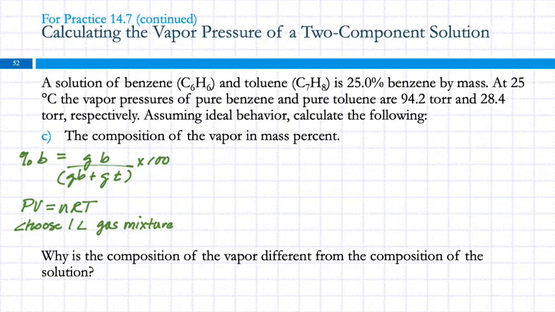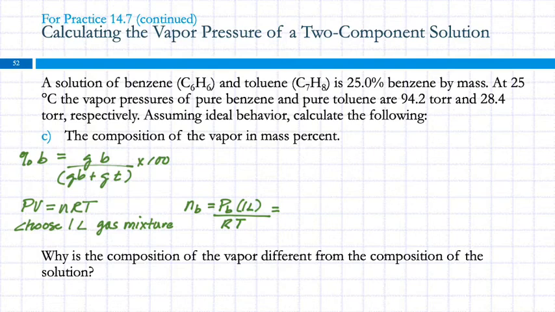So then the moles of benzene is equal to the partial pressure of benzene times the volume, which is 1 liter, divided by RT. So the partial pressure of the benzene was the 26.6 torr, right? But can I use torr in the ideal gas law?